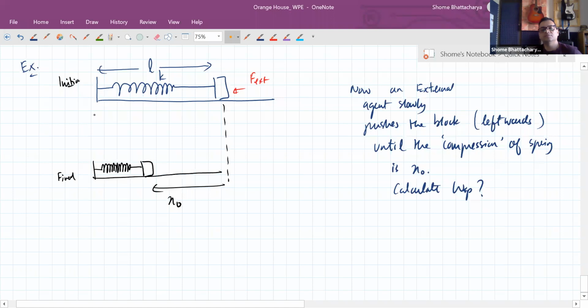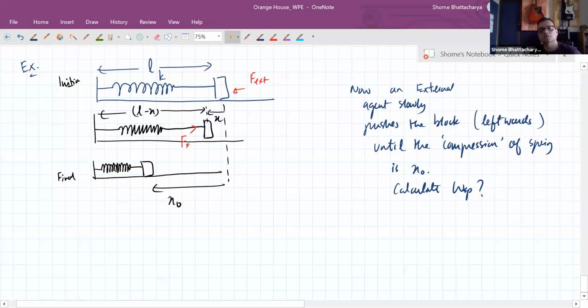So again, if we look at some intermediate position where the compression had become x, so this is now L minus x. So what is the direction of the spring force? It is outwards. Here also, what is the direction of the spring force? It is outwards. But what is the direction of the displacement? It is going to be inwards.